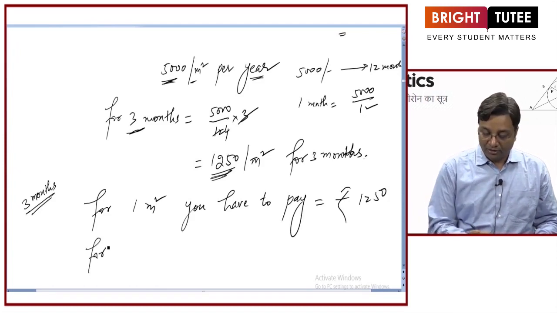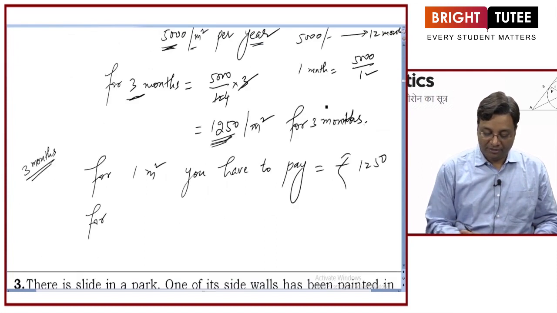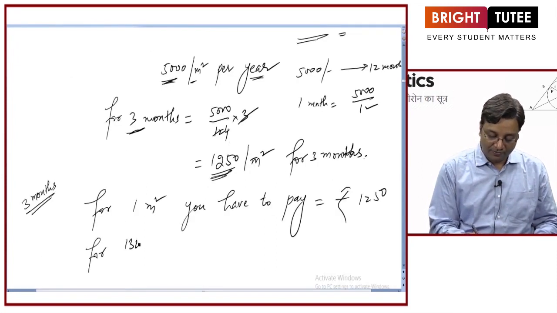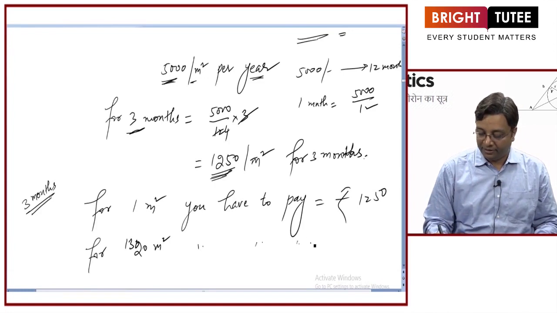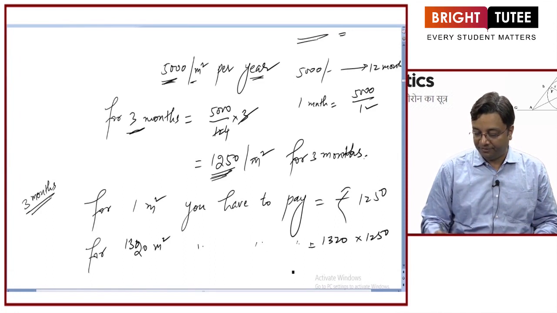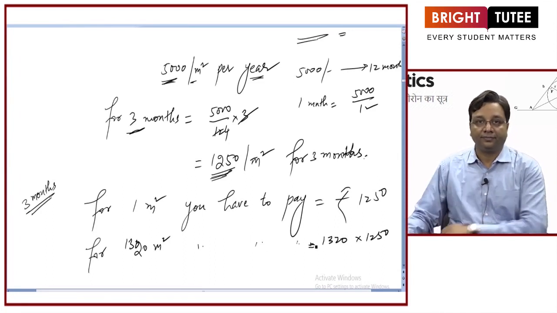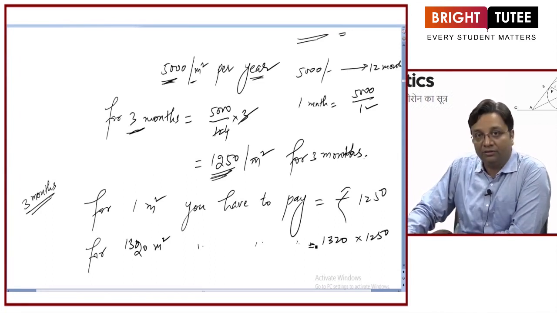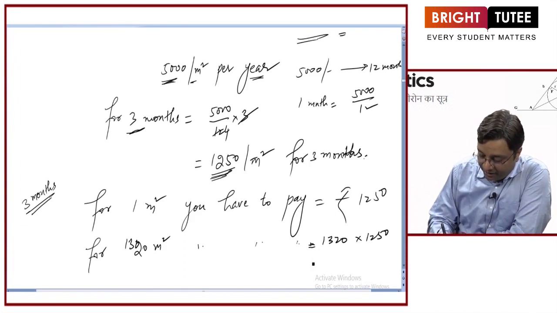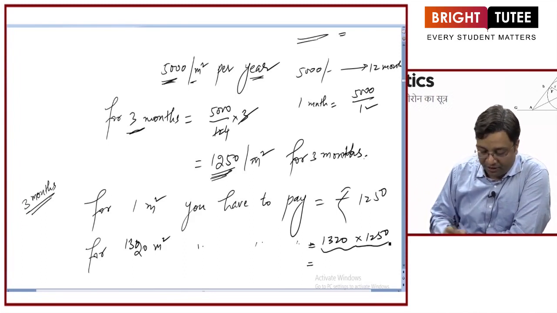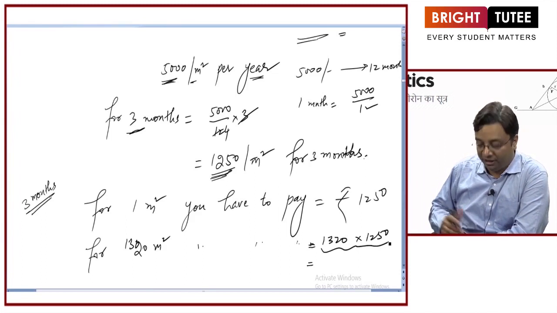So for the area 1320 meters square, you will have to pay 1320 into 1250. I hope you have understood this question, okay. Now you just need to calculate this, and this answer will be in rupees.